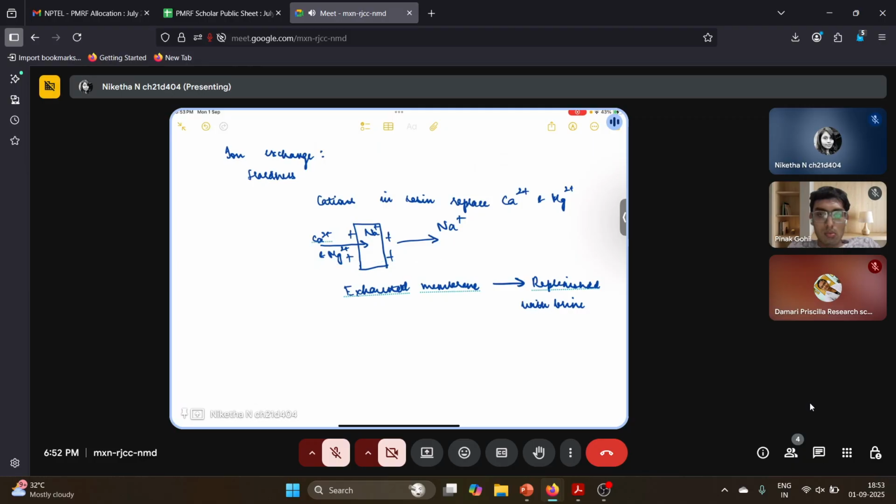So, if you pass a solution containing sodium chloride through the membrane, then these sodium ions will again come on the surface of the ion exchange membrane, and they can easily replace the calcium and magnesium that is coming in with the water.